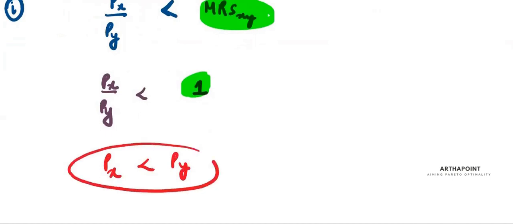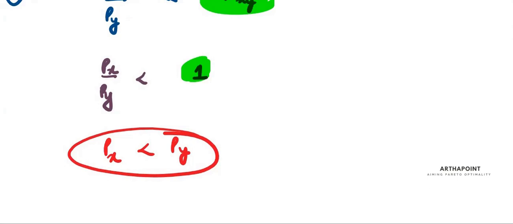And this tells me that whenever the price of good X is less than the price of good Y, and because they're substitute goods, you can use either X or Y. You can use either a ball pen or a gel pen. You can drink either coffee or tea. So because they're substitute goods, whichever good is cheaper should be bought, because you can buy more of it.